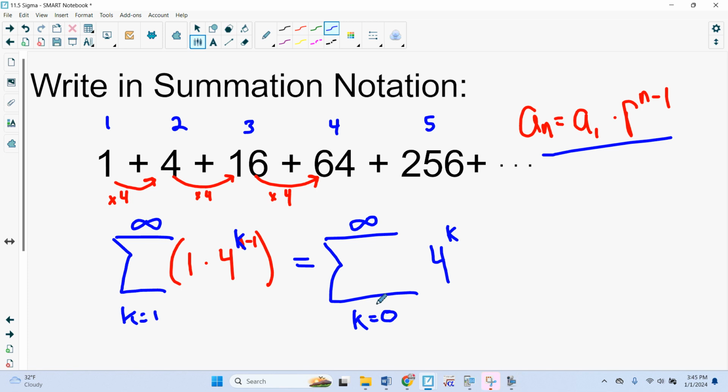You will notice this will also work, because when I put 0 in to start, I get 1, 1 in, I get 4, and so forth, so these both work out to give me the same thing. So you can change the starting number in the sigma notation, and that may change your formula a little bit, but there is more than one way to do them.